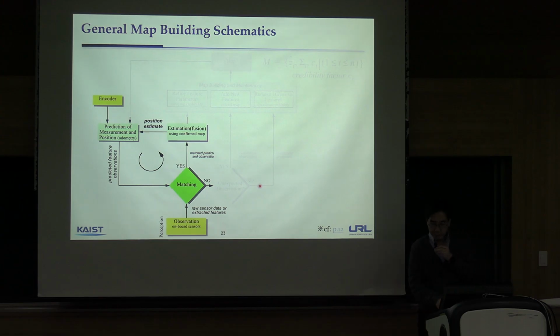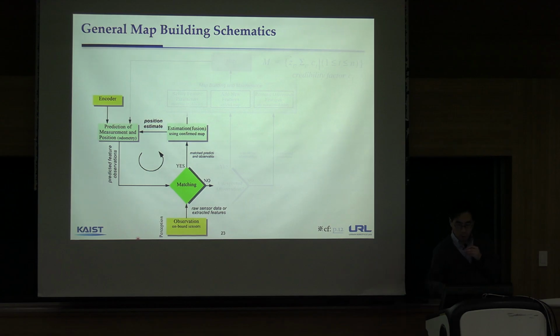In the previous slide, we had the localization part. From the encoder information we predict, and also using the real observation we match them together and update the position. So this was the localization part we have done in the previous slide.